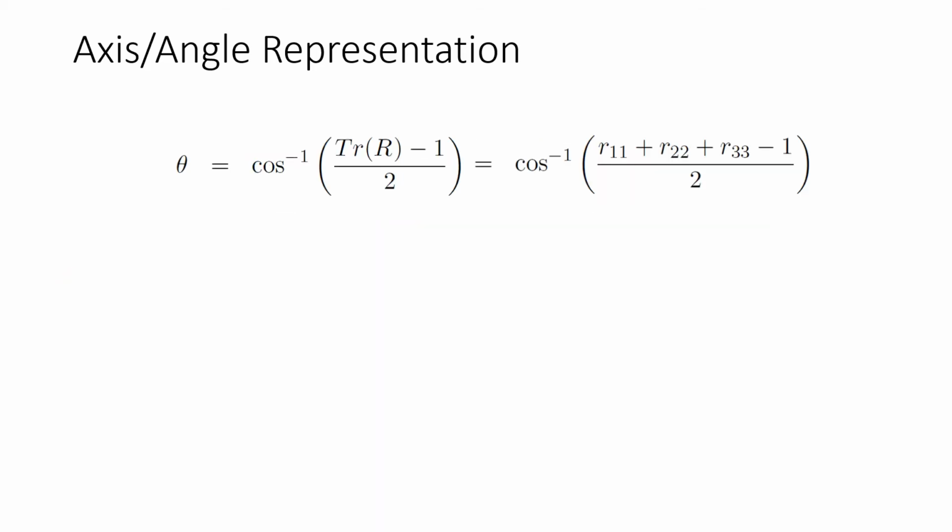Now, since we have derived an expression for rotation about any arbitrary axis, we would love to use it to our benefit. I'll make use of two properties of this rotation matrix. The very first one is that theta is equal to cos inverse of trace of rotation matrix minus 1, whole over 2.